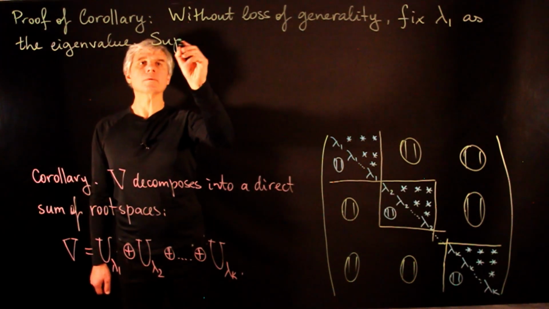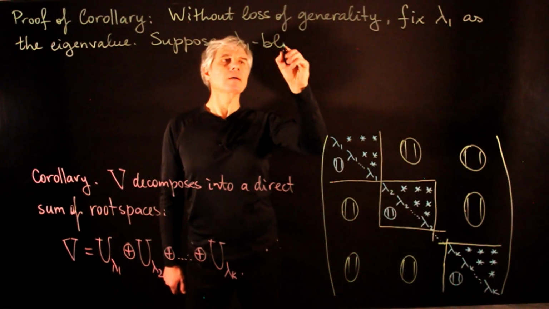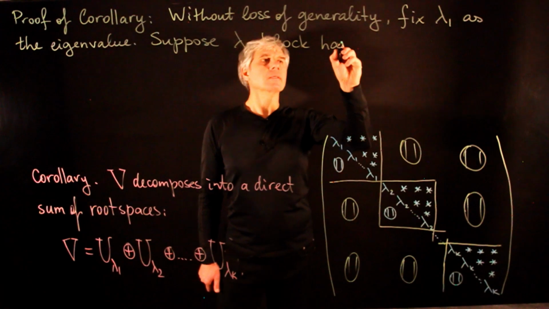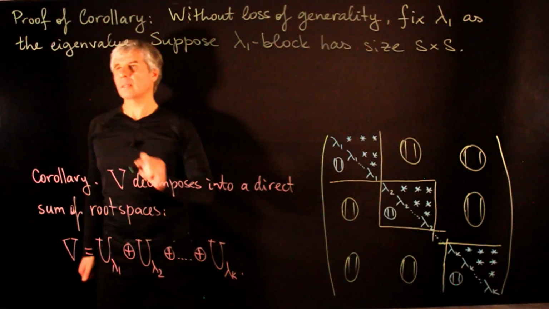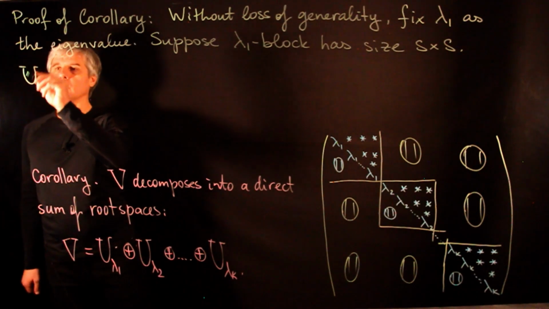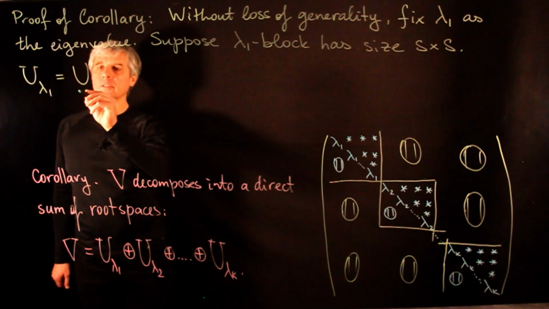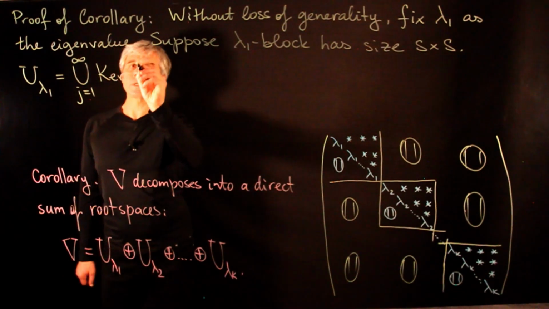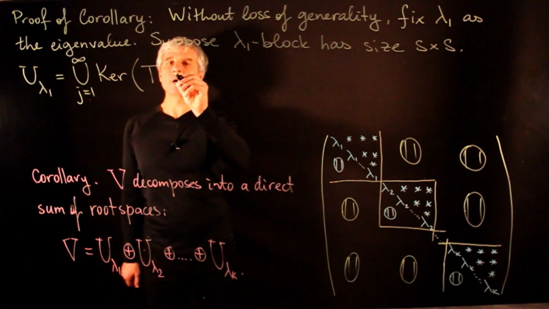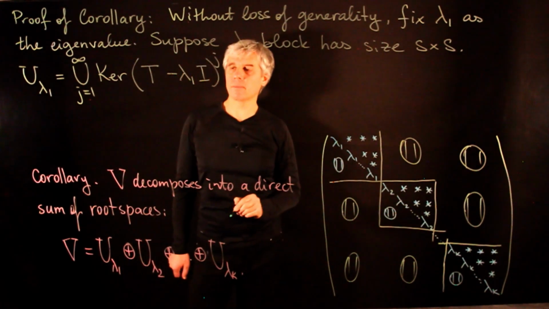And suppose the lambda 1 block has size s by s. Let us recall what is the root space u lambda 1. This is the union, j goes from 1 to infinity, of the kernels of T minus lambda 1 times identity to the power of j.